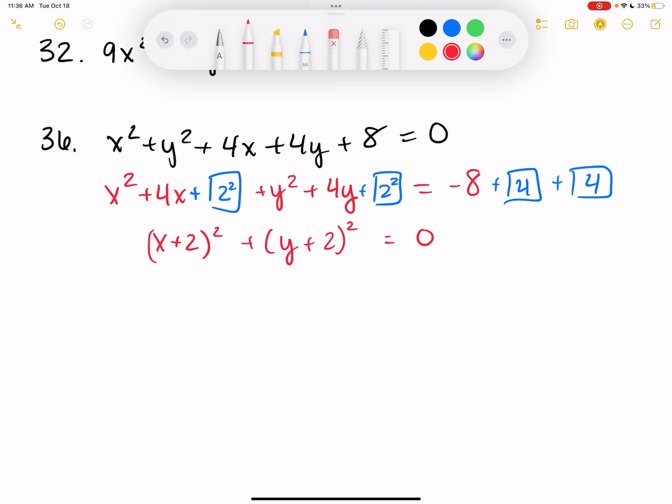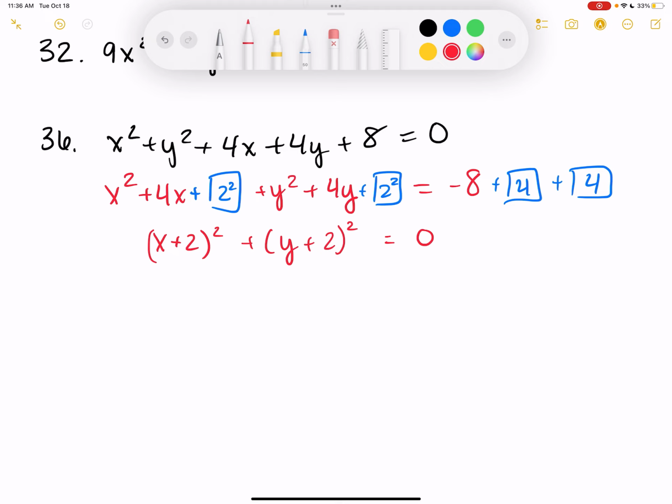All right, what do we get? X plus 2 squared plus y plus 2 squared equals 0. Does anybody agree with her? Would it be equals 8? Ethan, what'd you get? 36? I did 32.